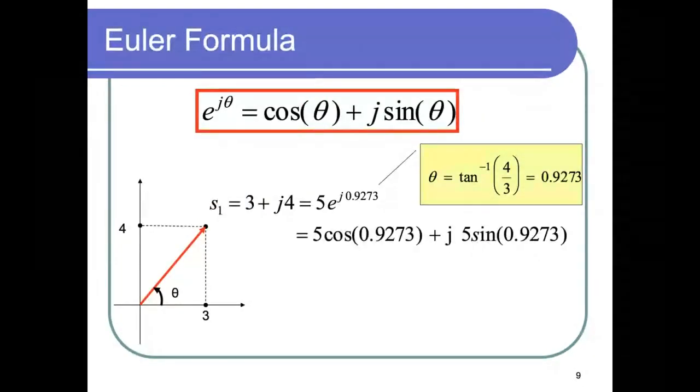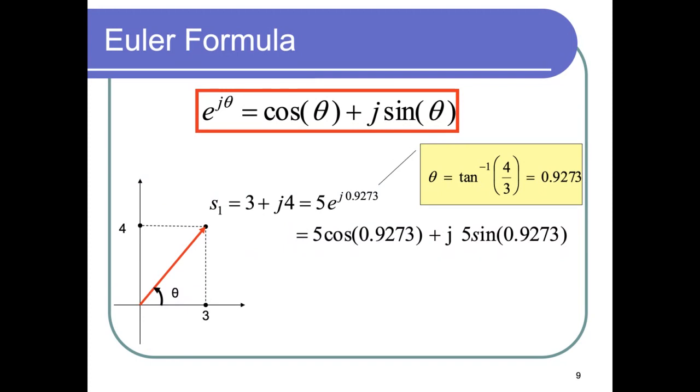We have what's called Euler's formula. This is a very powerful formula, and it has a lot of applications in control, signal processing, a lot of domains. So what it says is that e to the power of j theta is equal to cosine theta plus j sine theta. Later on, we will keep using it.